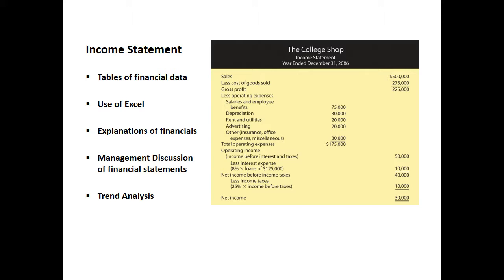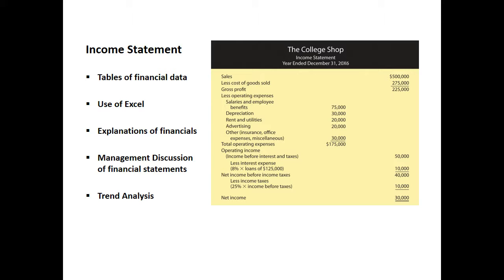All right, just want to spend a little bit of time on trend analysis. With trend analysis, and this is part 6 of part 2, you're going to be doing this for items on the income statement. There is an explanation of how to calculate the changes from year to year.